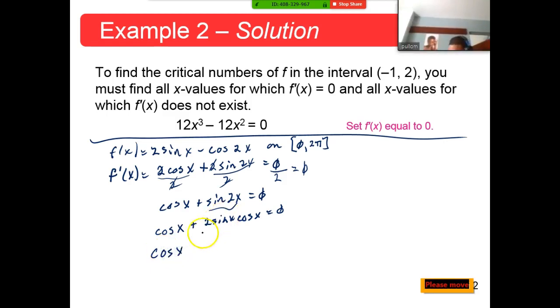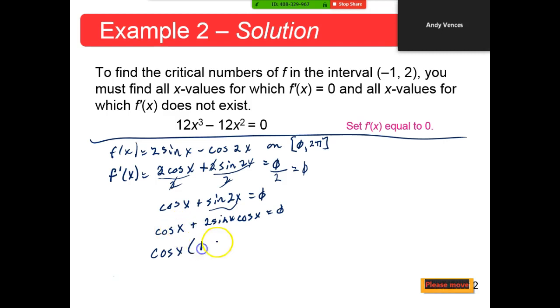You don't get rid of it. What does that leave you? Sine x. Well, you have a 1 here, don't you? Yeah, my bad. 1 sine x. Okay, 1 plus 2 sine x. See, he really wanted to get rid of that cosine, didn't he?